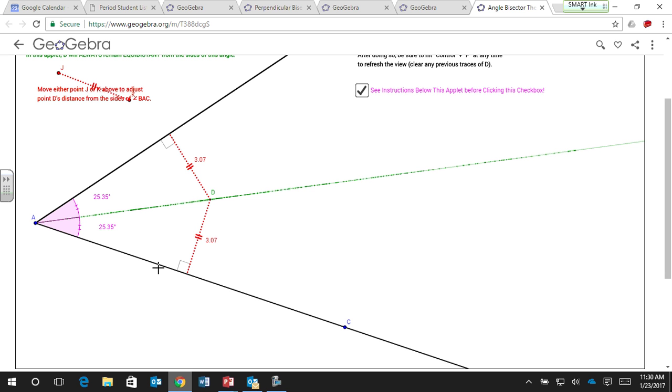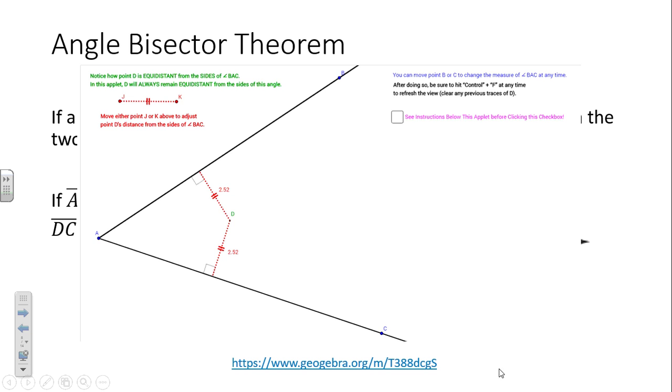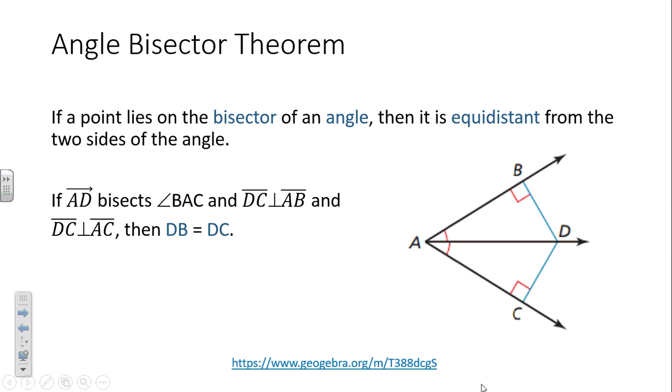Okay, so here we go. If a point lies on the bisector of an angle, it will be equidistant from the two sides of the angle.